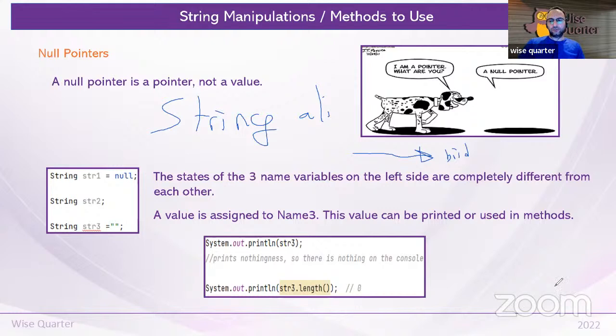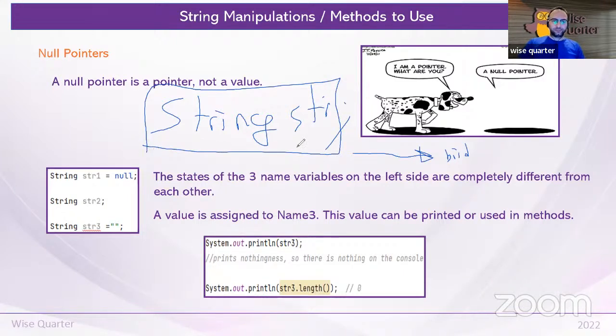I will use an easier one, the standard one, str. And without assigning any value using equality symbols, if you leave it like this, it means you have created the variable, but it has nothing in it. We haven't assigned any value to it. Null pointer is very similar to that.